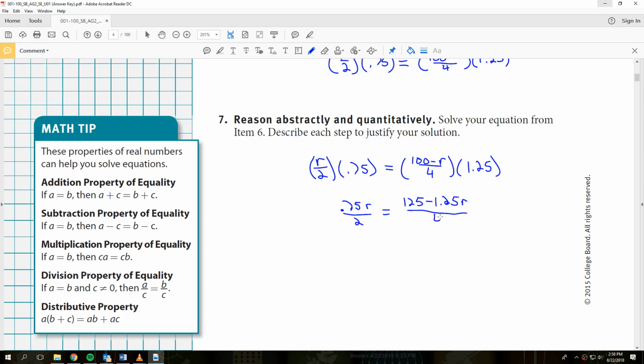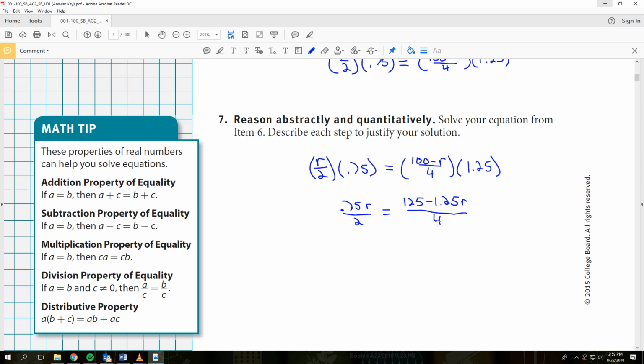Okay, so there's a few different ways to take care of these denominators. I want to get rid of these denominators right now. You can multiply both sides by 4, and that would actually remove those denominators. But a lot of you probably like to do the cross multiplication thing, where you multiply these two and then multiply these two. So we're going to go ahead and do that since that's probably what you're used to.